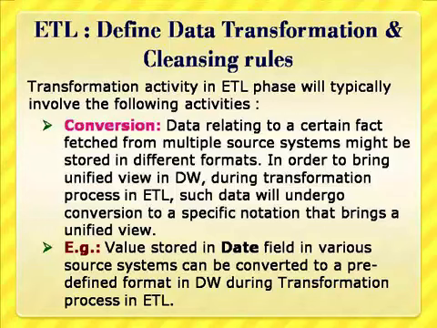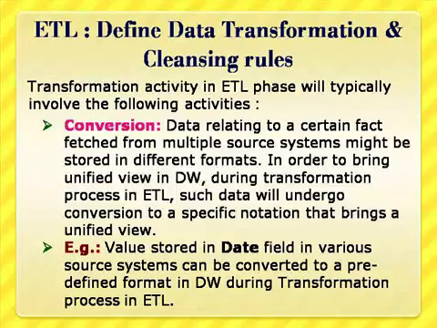In one source system, the date can be stored in the format of DD, MM, CC, YY. In another source system, the date could be stored in DD, MON, CC, YY. In such scenarios, a conversion rule will be applied in ETL to bring the value stored in date field in different source systems into a unified view, which could be either DD, MM, CC, YY or DD, MON, CC, YY in the final data warehouse application.